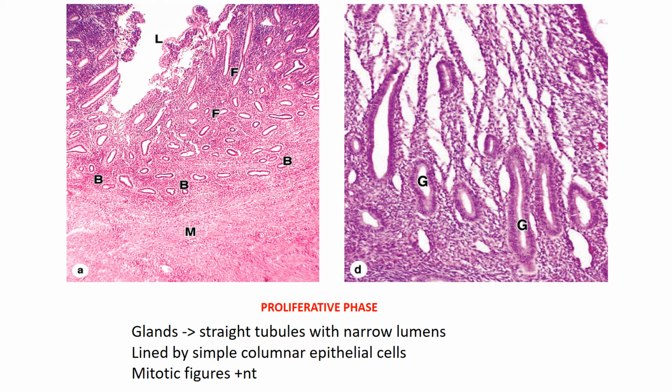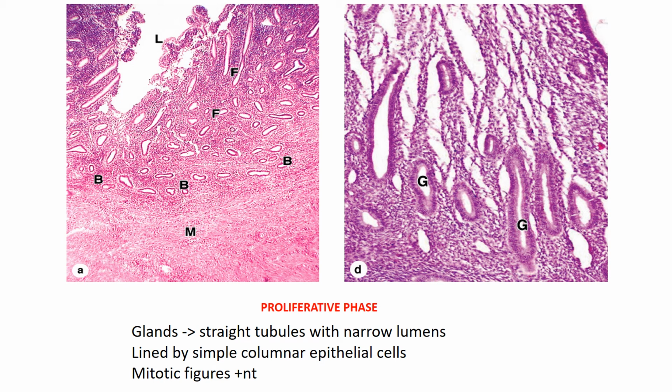Here you can see the lining epithelium, clearly evident, and its invagination forming the gland. The glands here are straight tubular glands.